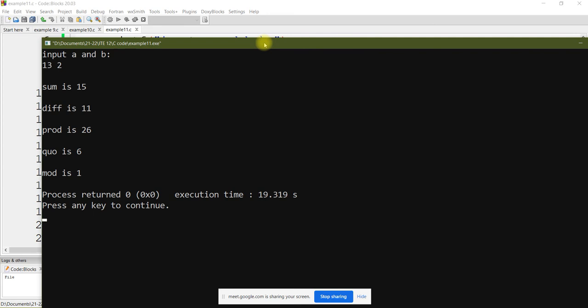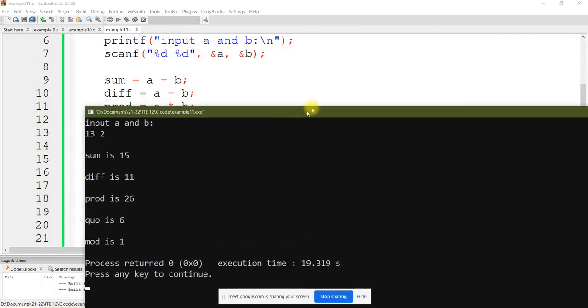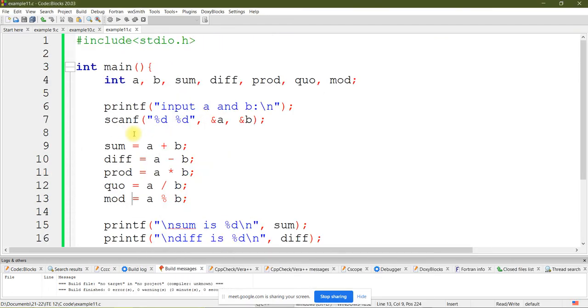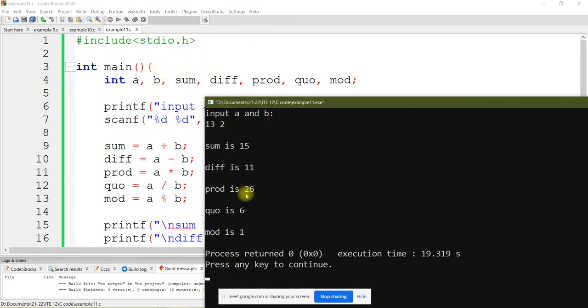The product is 26 because 13 times 2 is 26. However, the quotient, 13 divided by 2 is not 6, it is 6.5, not 6. However, we have declared our quotient as an integer. So, of course, and our A and B are also integers.